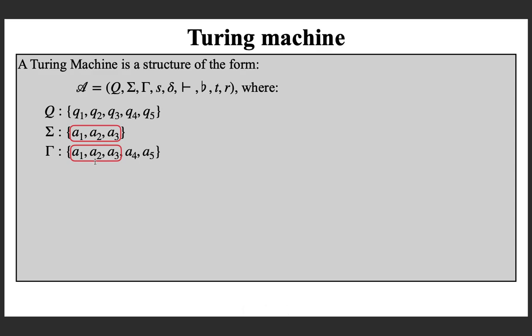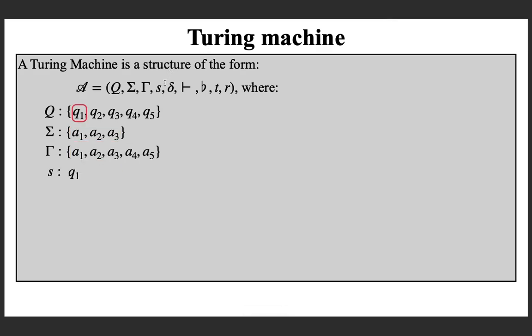That is always the case for any Turing machine. Every input symbol must also be a tape symbol, because the input string is also stored on the tape, and that is why this requirement is there.